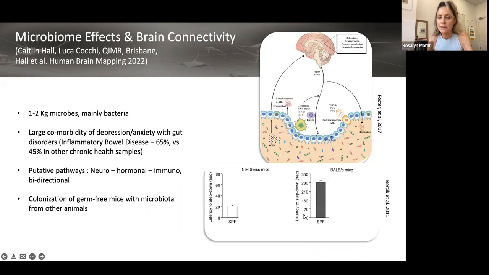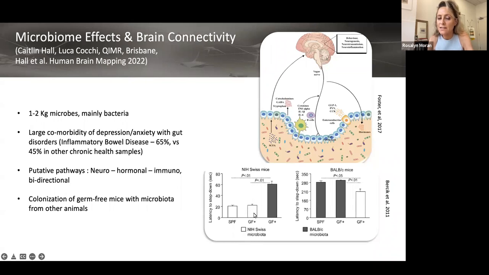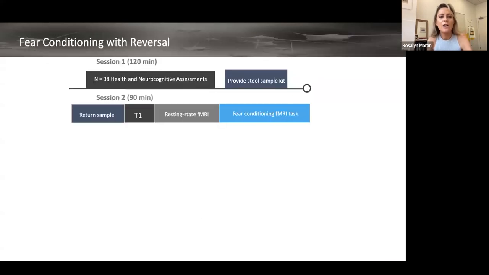These guys are pretty intrepid and the BALB/c are a little more shy, but if you do the reverse microbiome colonization, then you make the Swiss mice a little more nervous by adding the BALB/c microbiome, and you make the BALB/c mice a little less fearful and a little more intrepid if they have the microbiome of their braver counterparts. So that's a very direct study of the microbiome. Here we're going to do it indirectly, looking at neurocognitive assessments and an fMRI task of fear conditioning.